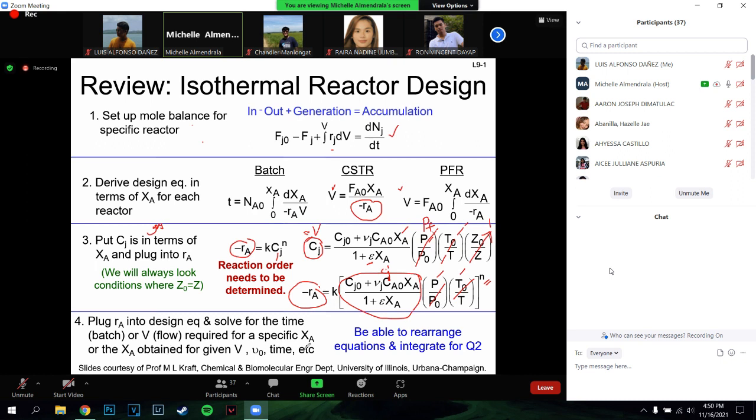The difference from the rate law expression for isothermal reactor design is that your X is not dependent on T. But for non-isothermal, which I showed you last time, the X is a function of T.